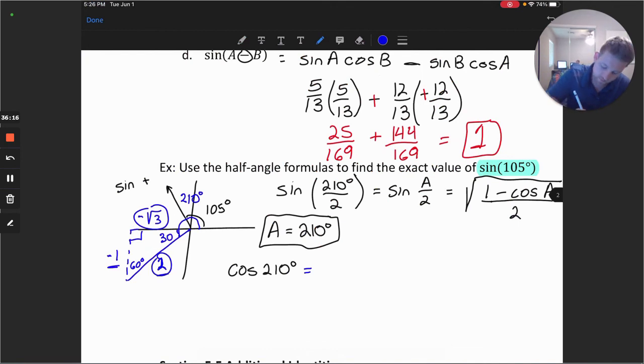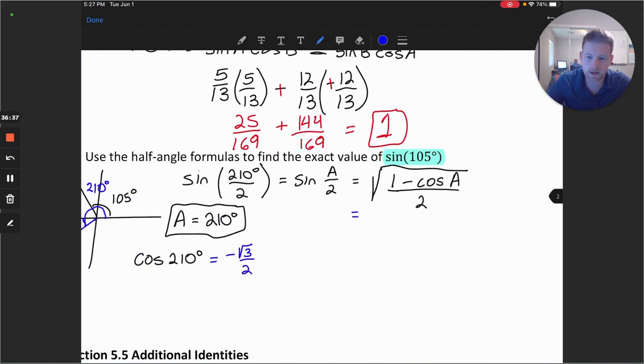So we'll have negative √3 over 2 for the cosine of 210. So really no need to look it up in the unit circle. We can just draw our reference triangle in that quadrant and work out what the cosine is. So let's use that to our advantage.